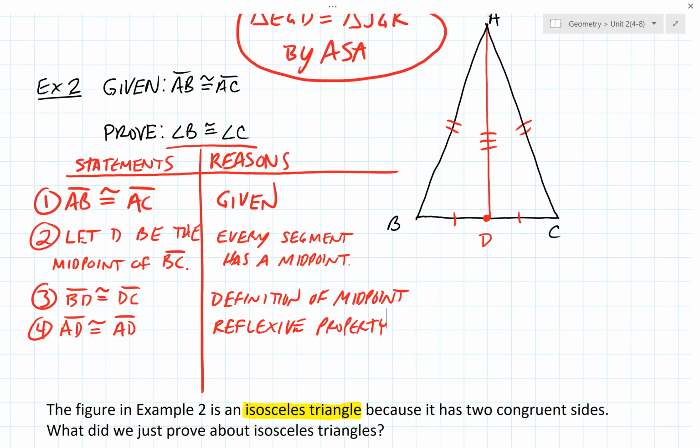Okay, and now let's look at what we have. We have a pair of matching sides that we're given. We have a pair of matching sides from the midpoint, and we have a pair of matching sides from the reflexive property. So notice that I just circled SSS in the side. So that means now we're ready to say triangle ABD is congruent to triangle, what would the correct order be?